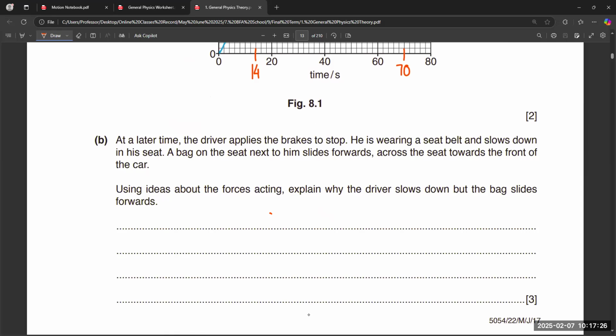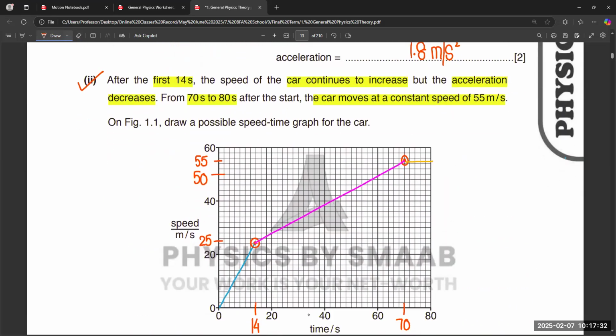Okay, the next part is related to the momentum idea basically. So this is the concept of the graphical representation, and they also ask this type of question related to the graphical representation of speed time or distance time graphs.